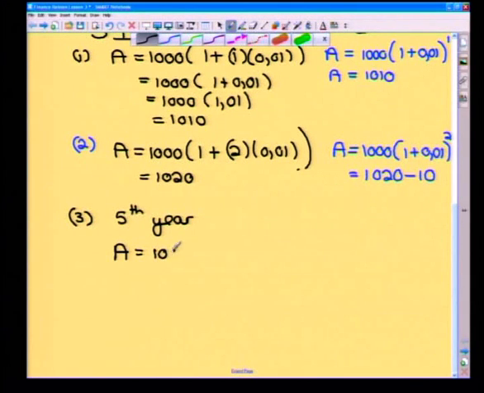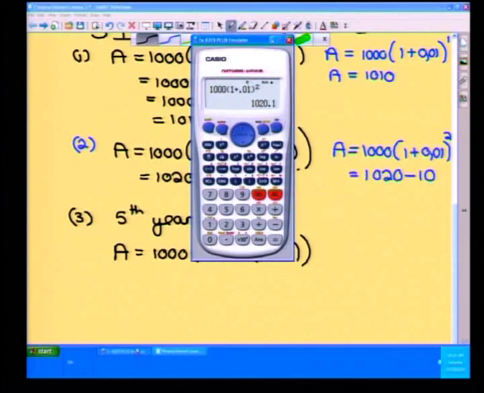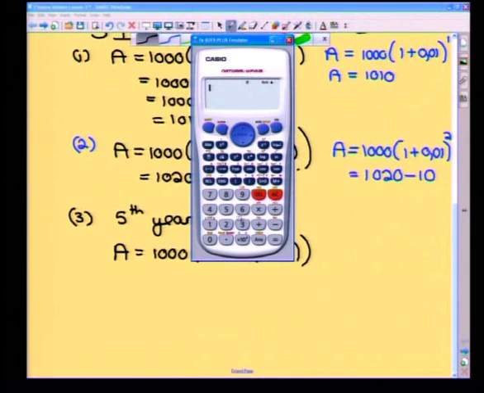Right, the accumulated is 1,000, 1 plus 5 times 0.01. Close the bracket. Let's pull up our calculator again. So clear it. It's 1,000, open brackets, 1 plus 5 times 0.01. Close the bracket.